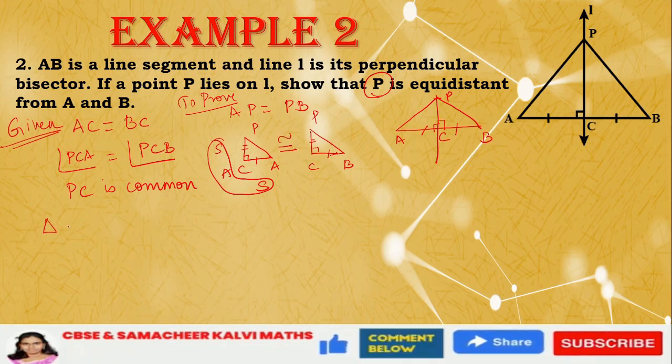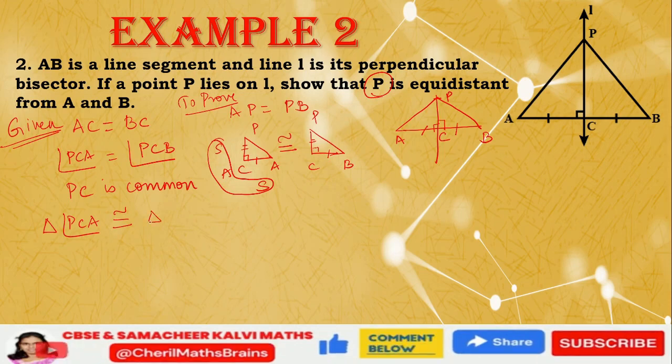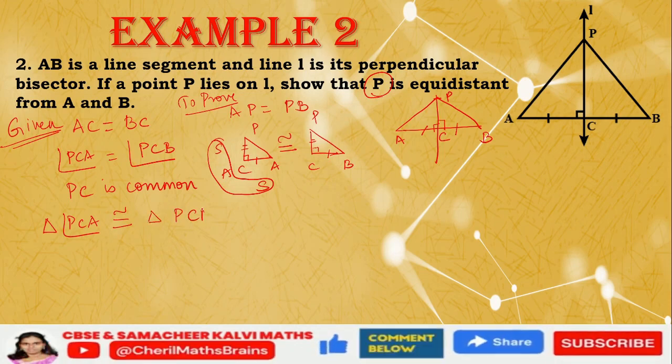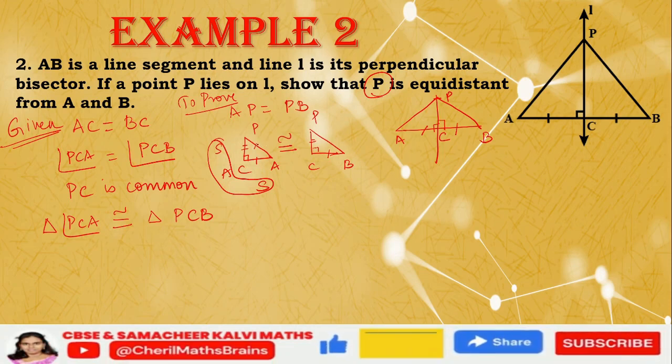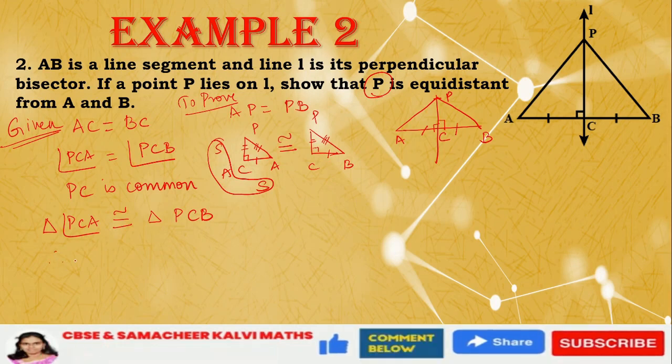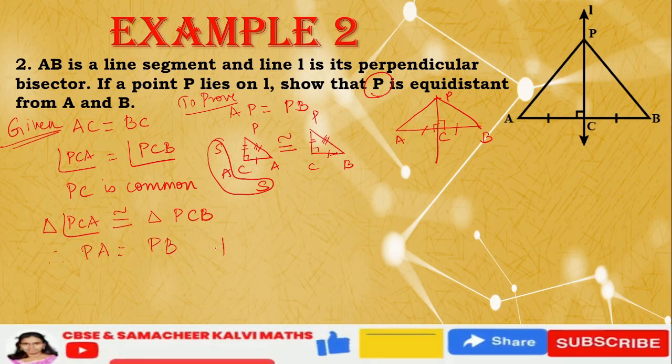So triangle PCA is congruent to triangle PCB. If these both are congruent, then we can very well say PA is equal to PB. Therefore PA is equal to PB, hence proved.